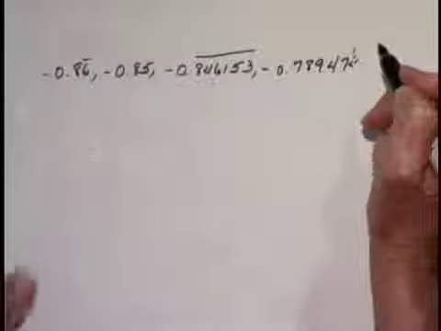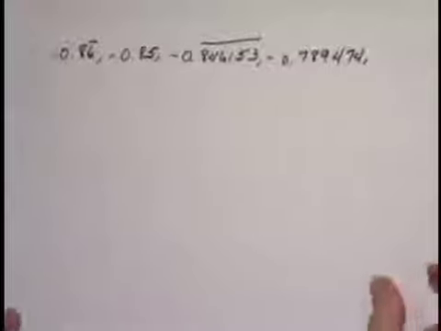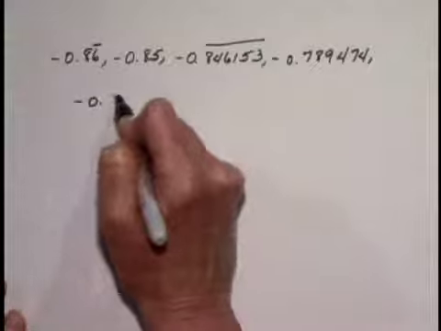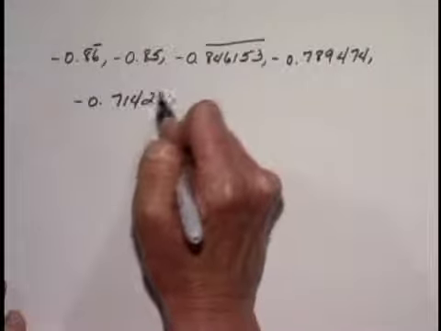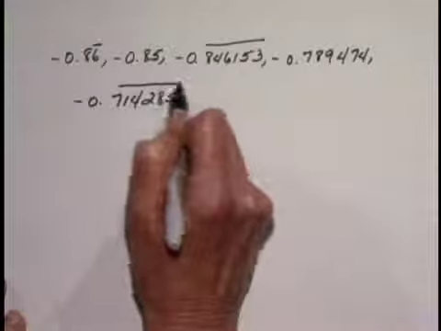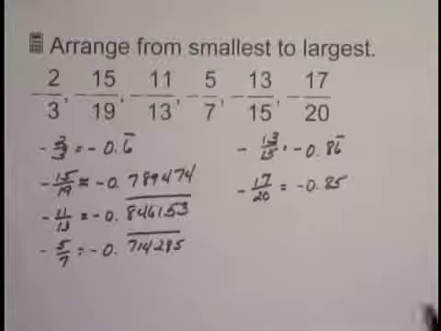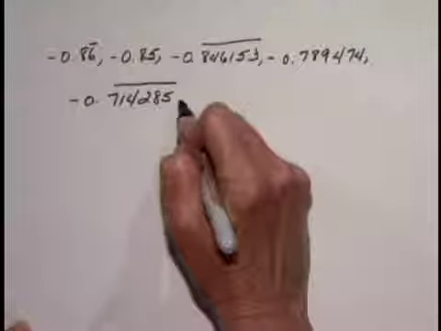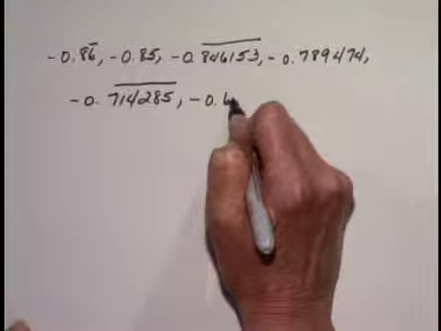And then the other one with the 7 in it comes next, which is negative 0.714285. And that's a repeating decimal. And let's see, we've taken care of everything except this negative 0.6 that repeats. So that would be the largest one, be the last one we write down.